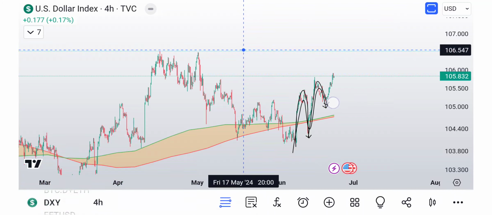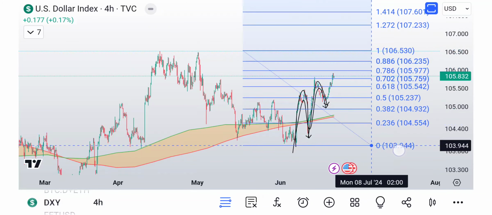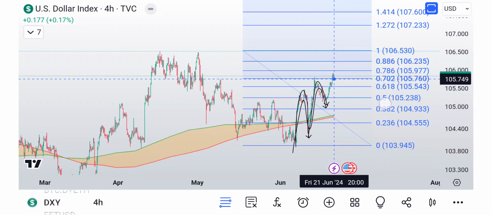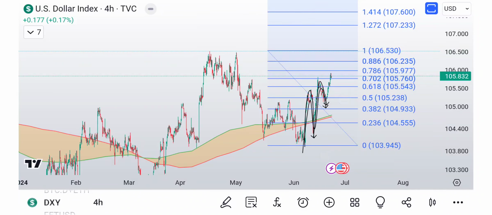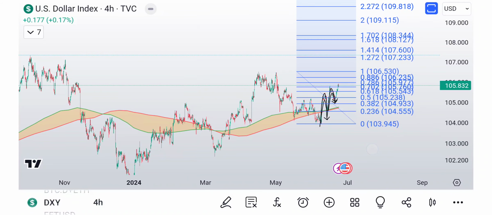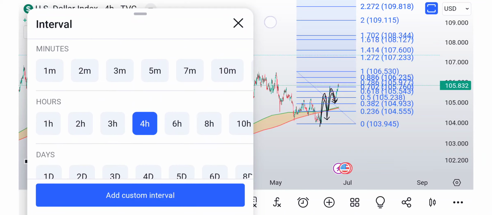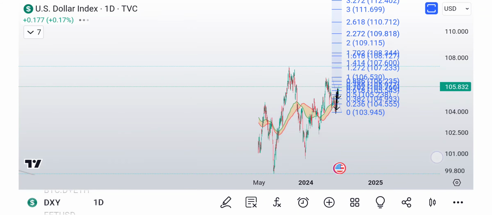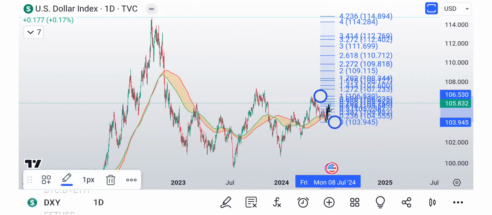Let me put the retracement up here. Yeah, we've already broken through the 702. So that's why I'm like, I don't know, man. This is worrisome here, because if the dollar breaks out, then Bitcoin's going to dump down probably to 50K. And we still have a big gap up here.